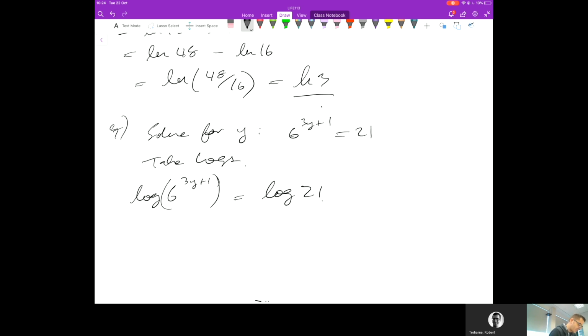That means I can use my log rule to get that down there. That's what I'm trying to do. I'm trying to get my y's down in line. Okay, so 3y plus 1 times log 6 equals log 21.